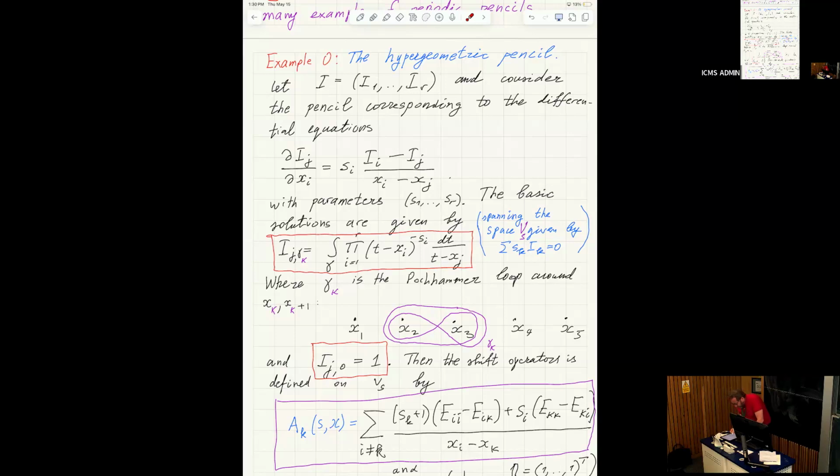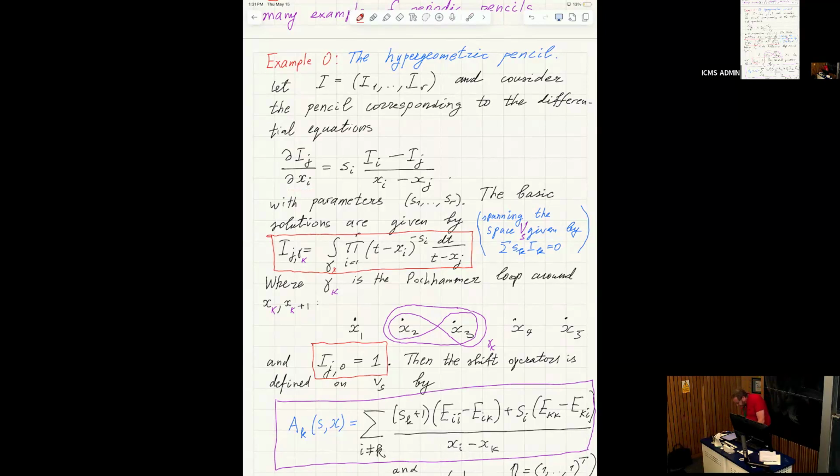So we have these differential equations: dI_j over dx_i equals s_i times (I_i minus I_j) over (x_i minus x_j). And then the basic solutions of these equations are of the following form. So I_j are parameterized by cycles gamma inside the configuration space of points on the complex plane with points x_i removed.